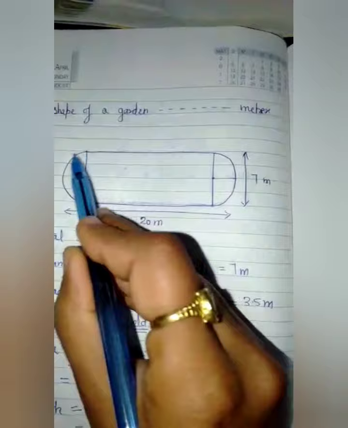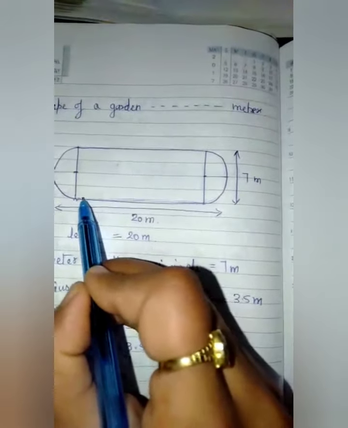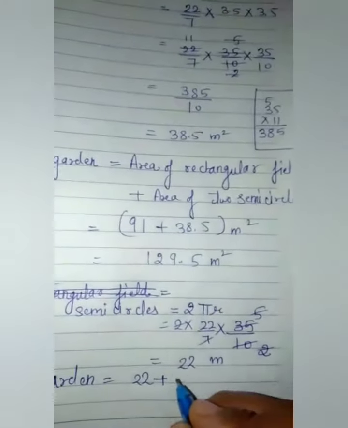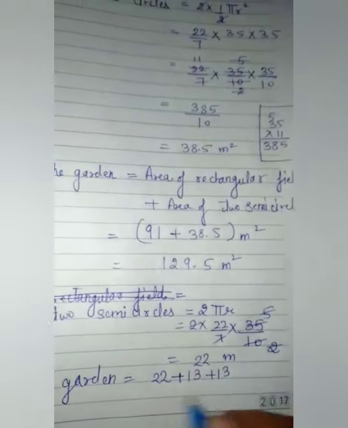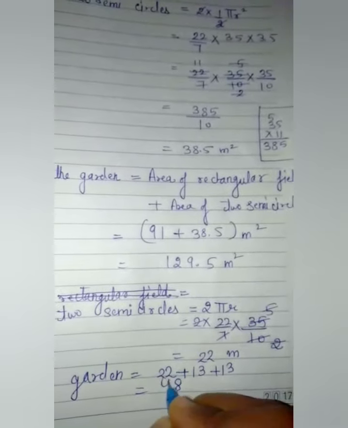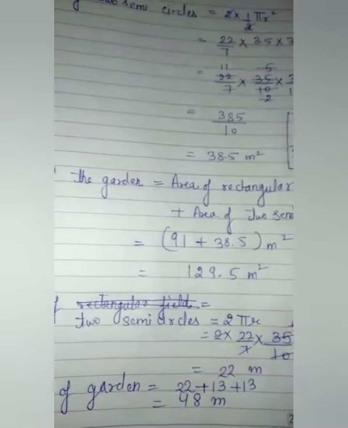So it will be semicircle circumference, that is 22 meter plus 13 plus 13, 48 meter. This is the required answer of question number 3.